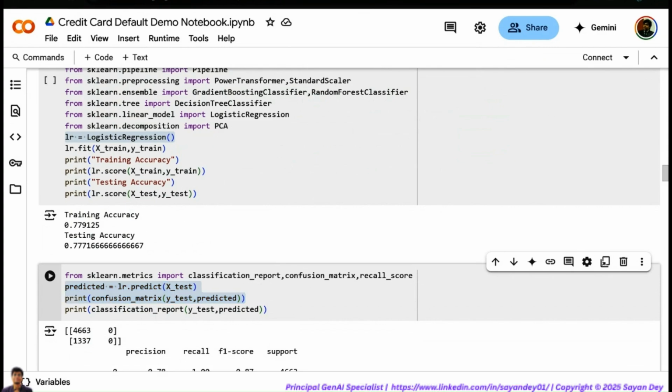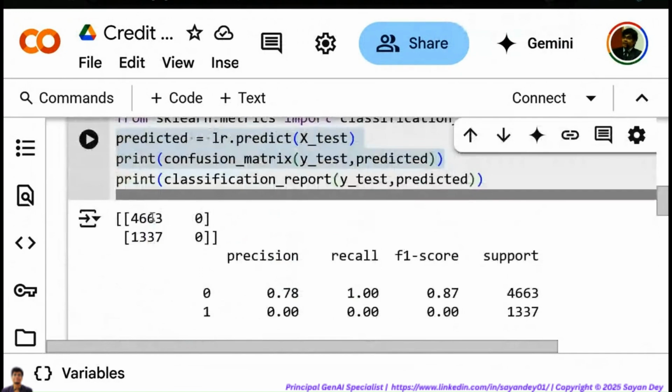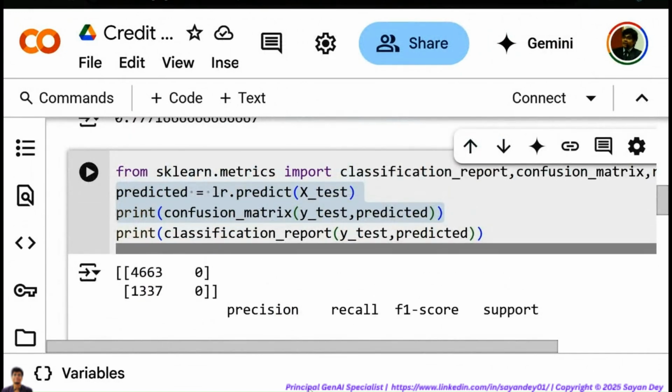Let me zoom into the confusion matrix particularly. If I annotate, this is 0, this is 1, this is 0, this is 1. These are the predicted along the columns. These are the actuals along the rows.